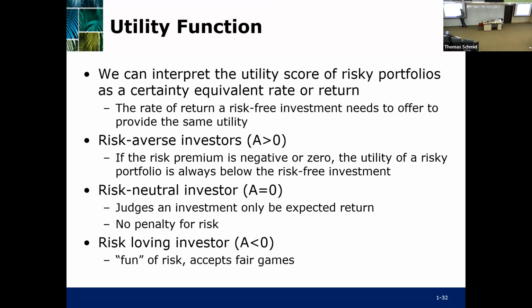They actually have fun with risk, and they would accept a fair gamble. So if I offer a fair gamble, a lottery where you lose $100 with 50% probability and win $100 with 50% probability, that is a fair gamble, with an expected value of 0. The risk-neutral investor would be indifferent. The risk-averse investor would say no. The risk-loving investor would say yes.